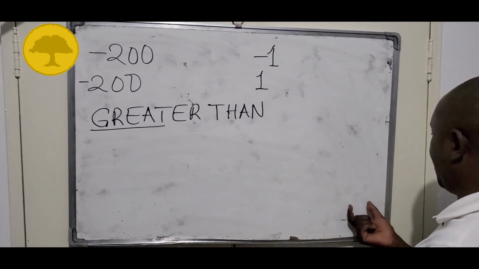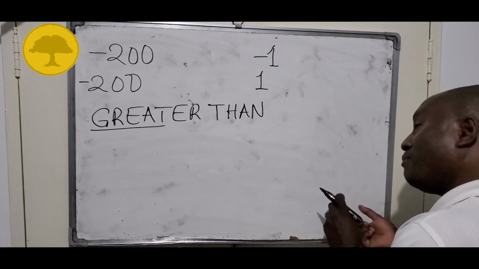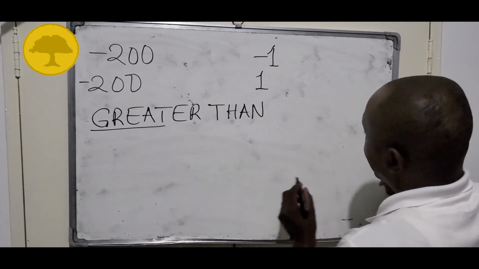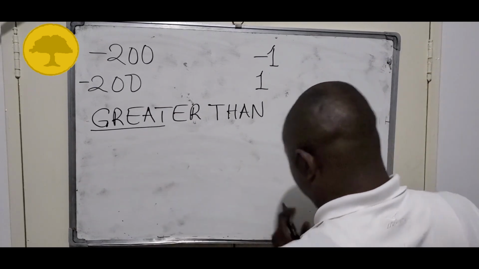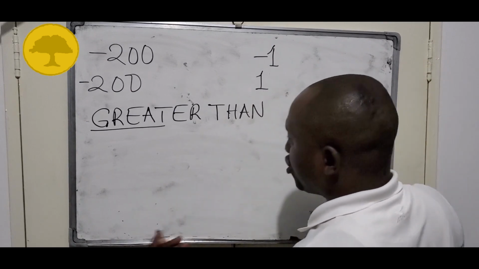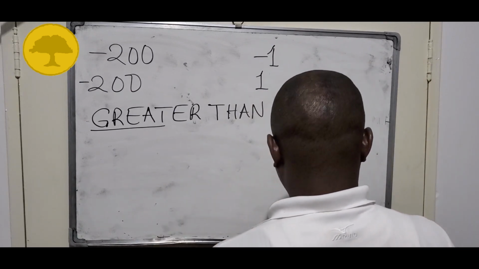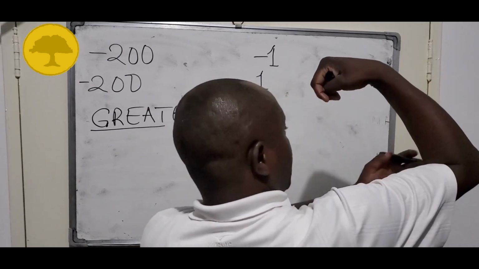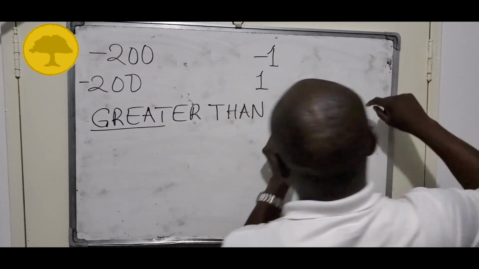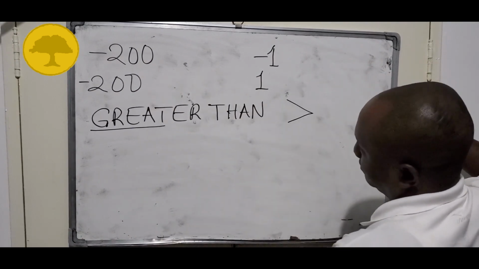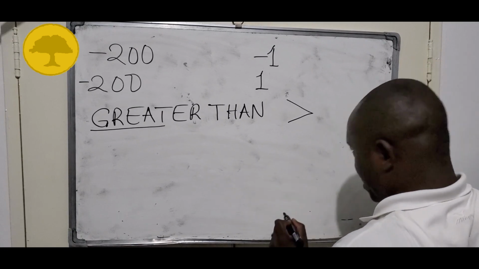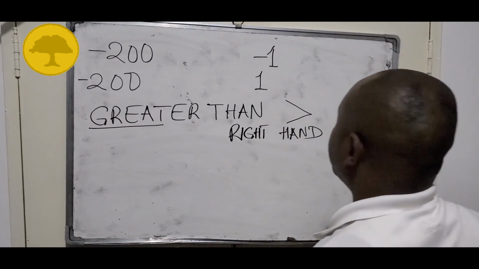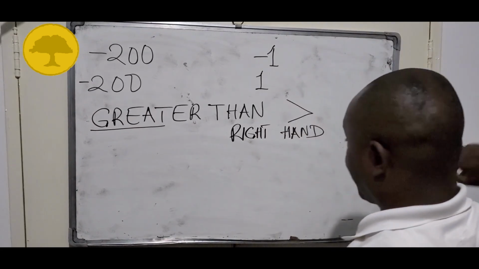At the end of the day, we had 5 apples, and definitely 5 apples translates that you have more apples, isn't it? So greater than, and if you noticed, we are moving to the right. So when you are facing your paper, your right hand, when you lift it up like this, this is the sign for greater than. The right hand gives you the greater than sign.